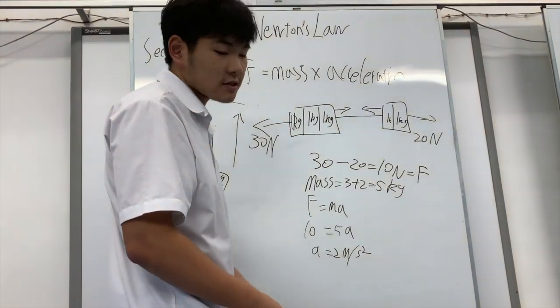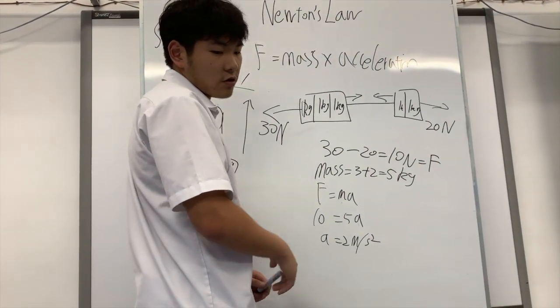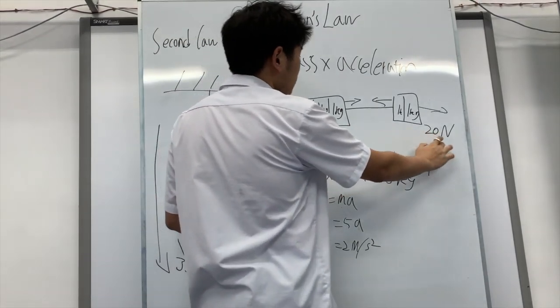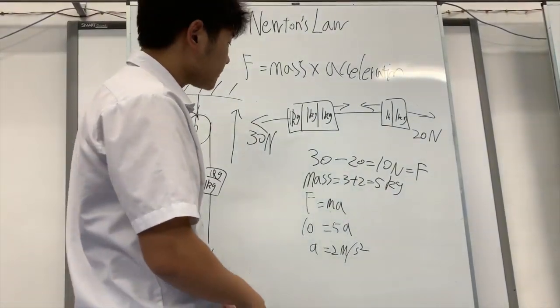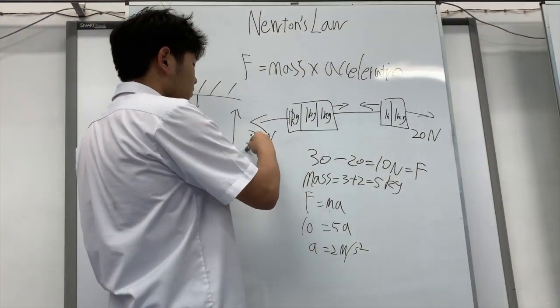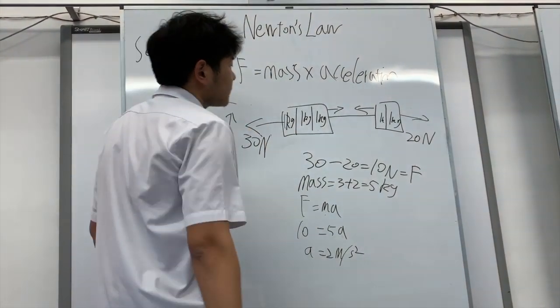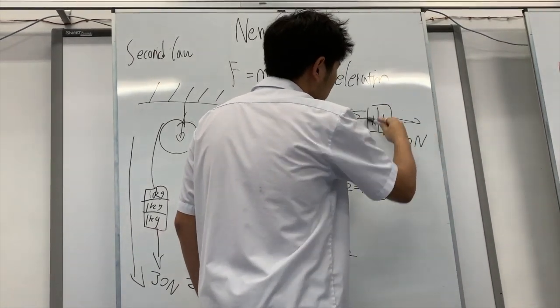For better understanding, we will change to the other diagram. It's much easier to understand. Here, we have 30 newtons going that way, and 20 newtons going that way.